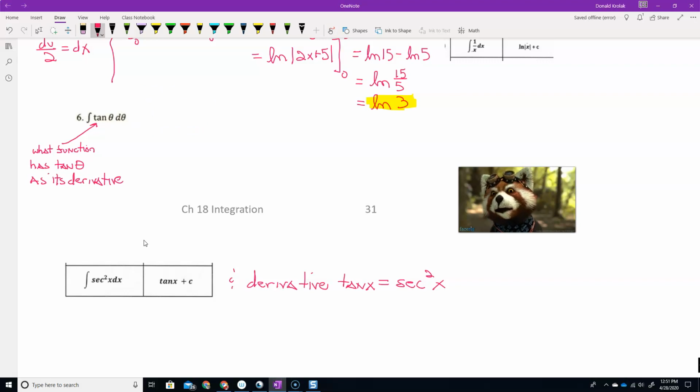So a strategy that's effective in this case is to rewrite tangent as sine over cosine, d theta.